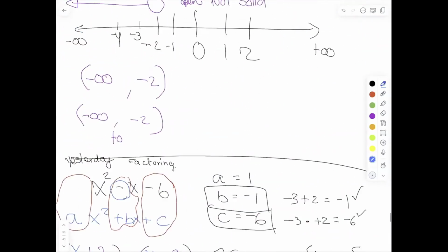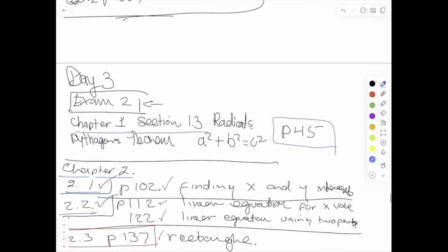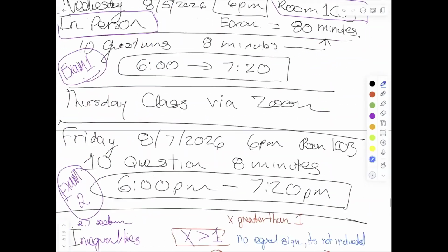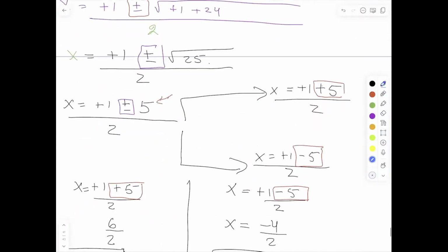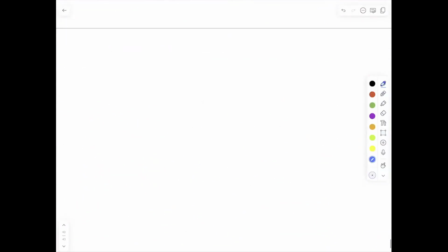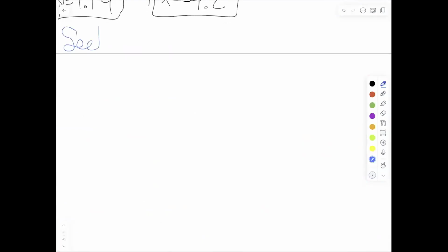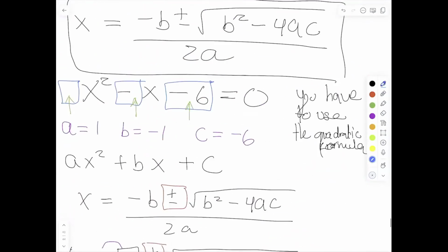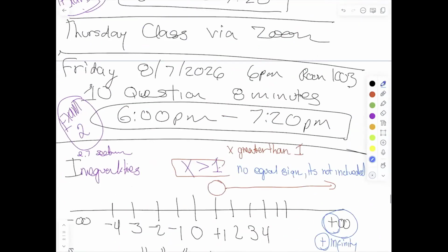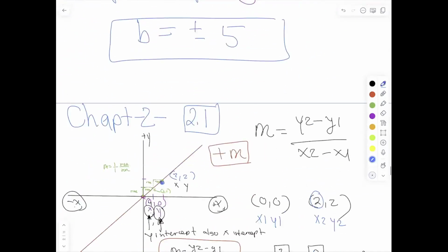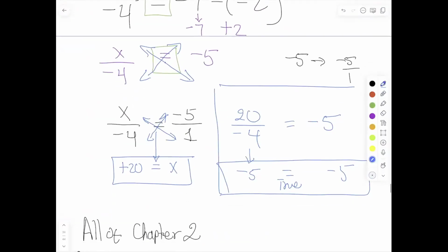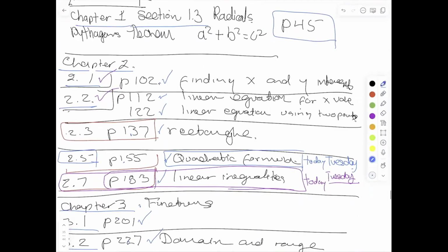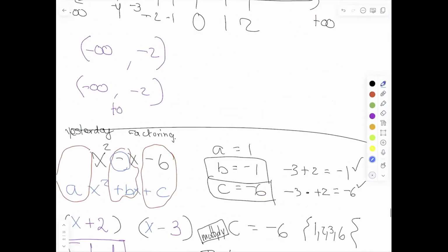The rectangle is 2.3, 137. Section 2.3, page, what did I say? 137? I think I said that, right? I think I passed it. You've done so much math. I'm so proud of you guys. 2.3, page 137. Okay, good.